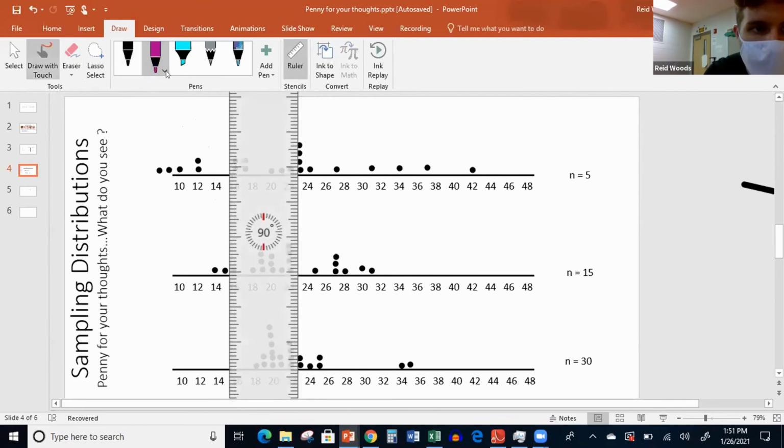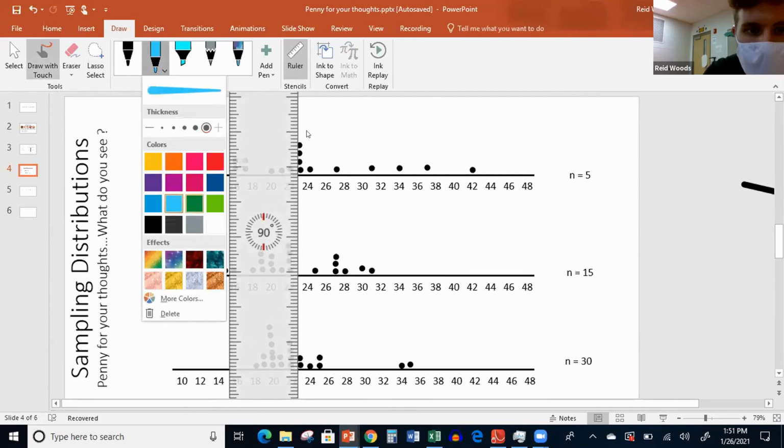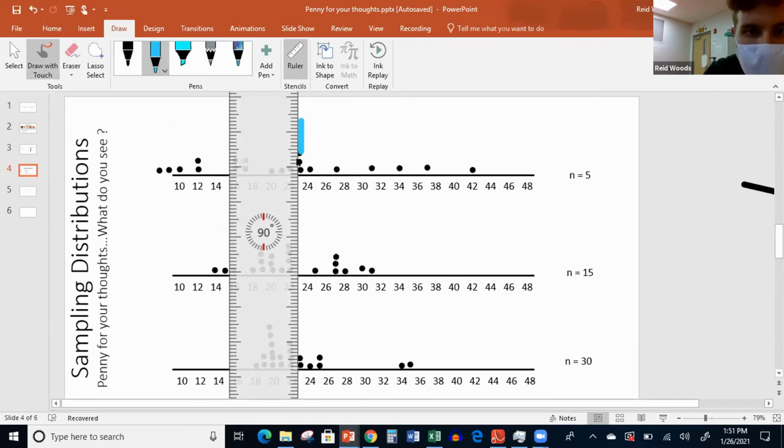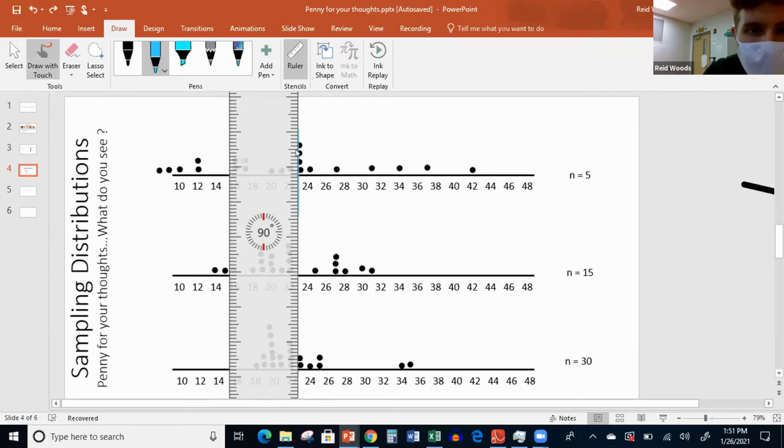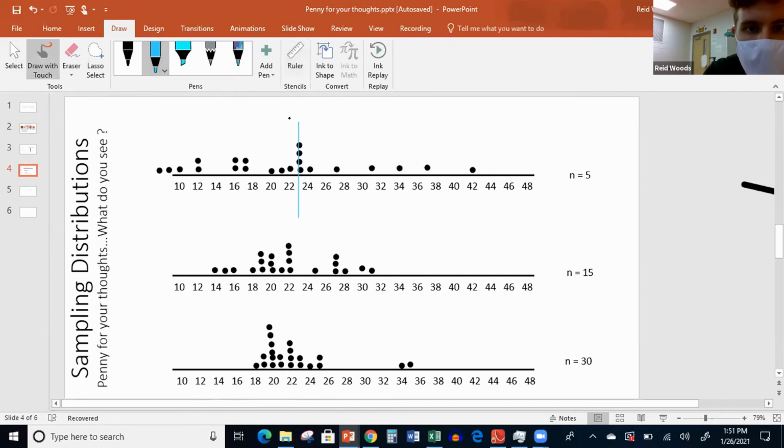So I'm going to draw it in blue, a line going through there, and we are going to label this with this symbol. This is mu of x bar. This is the mean of our means.